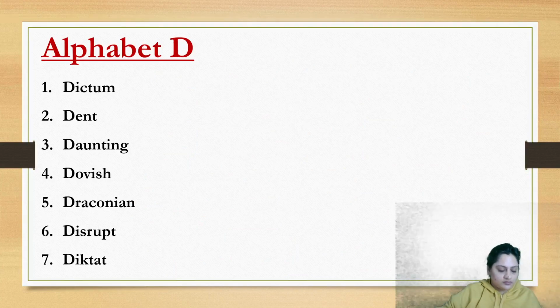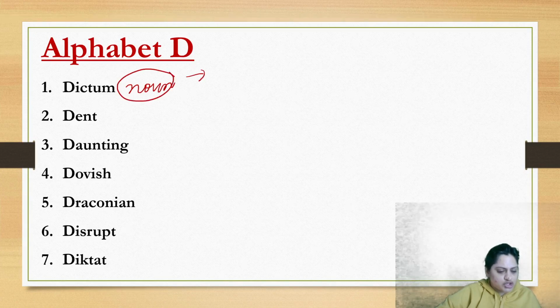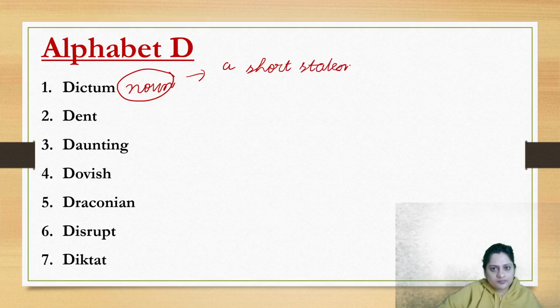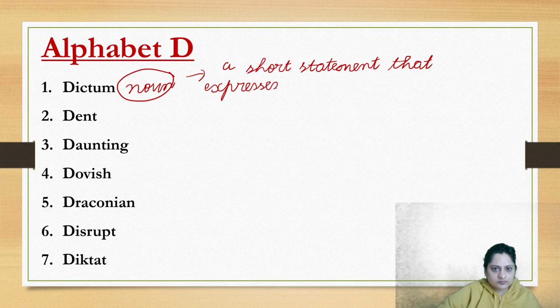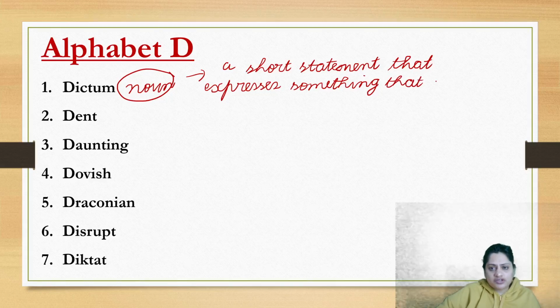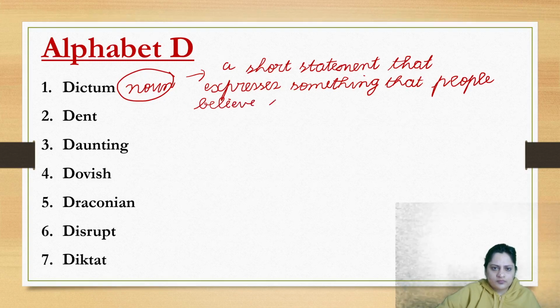Next is your alphabet D. Very quickly moving on. Dictum, which is a noun word. See, it is a short statement that expresses something that people believe is always true, and people actually feel that, you know, it must be followed.